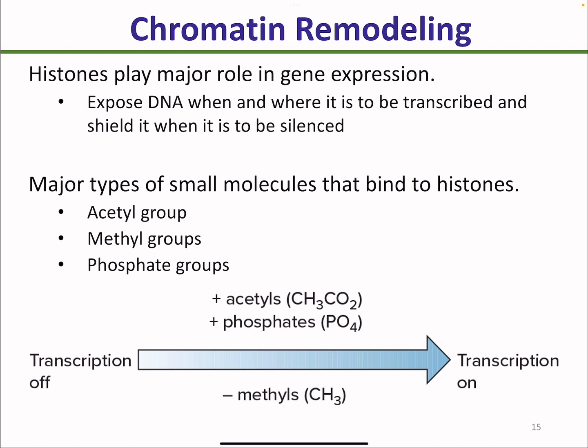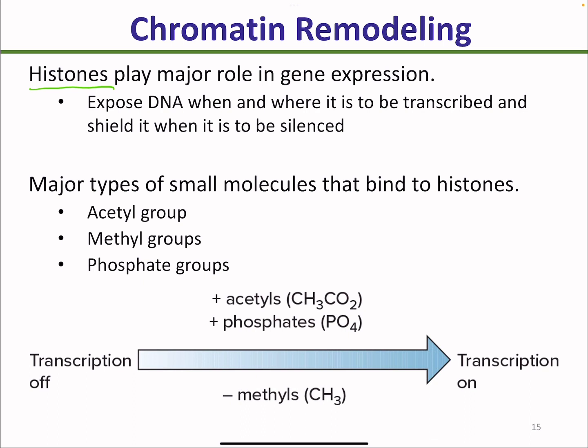Now, remember, DNA in human cells is never naked. It's complexed with proteins, and remember, these proteins are called histones. These histones play a major role in gene expression. How so? By the simple nature of being attached to DNA.